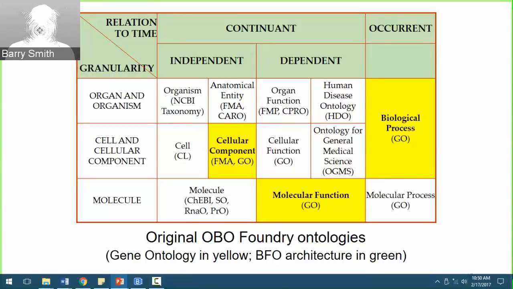Now that database is used as a standard for determining benchmarks for gene expression, for instance, in cancer cells. And so if you take a cancer cell and you analyze its DNA, you can compare it to the benchmark for a cell of this kind in the gene ontology annotation database, and you can see exactly which genes and which proteins in that cancer cell are overexpressed or underexpressed because they fall above or below this benchmark.